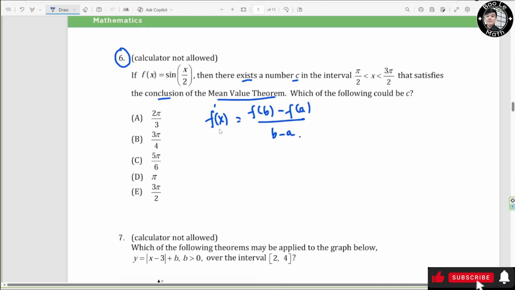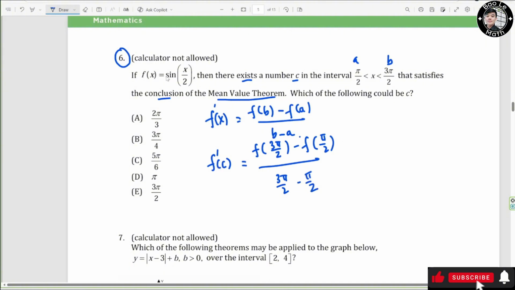Now we're going to replace s with c, so we have f prime of c equals f of 3 pi over 2 minus f of pi over 2 over 3 pi over 2 minus pi over 2.